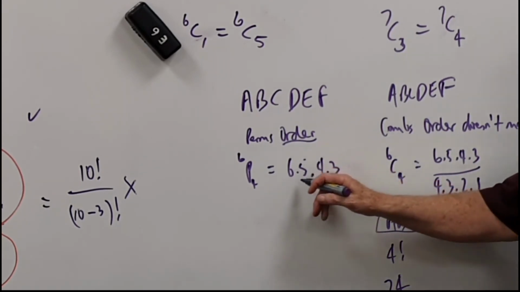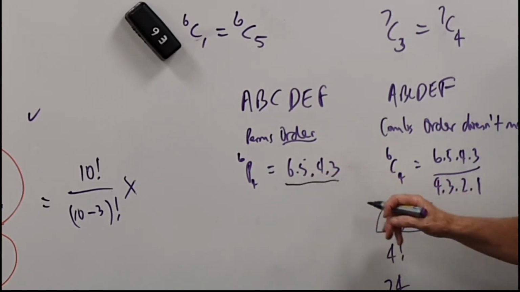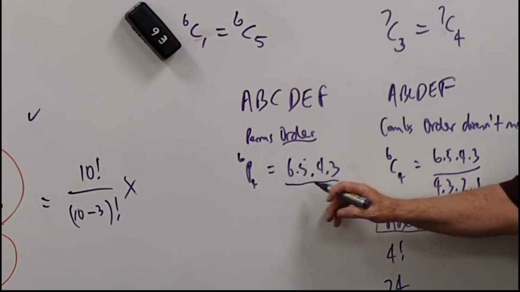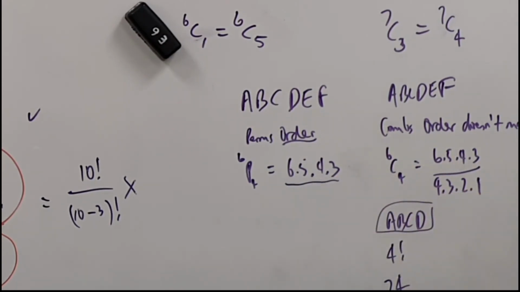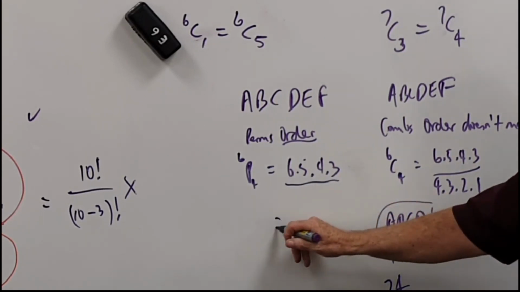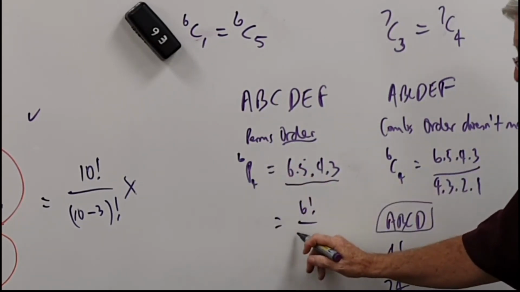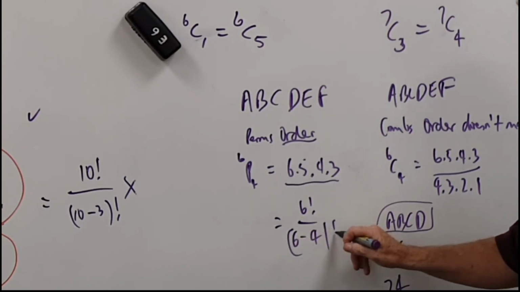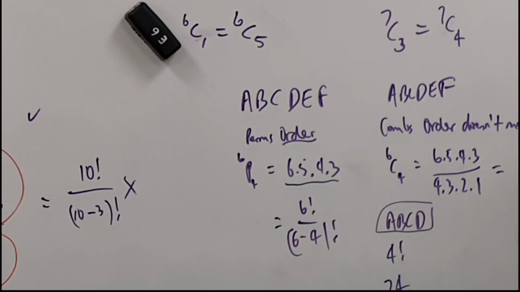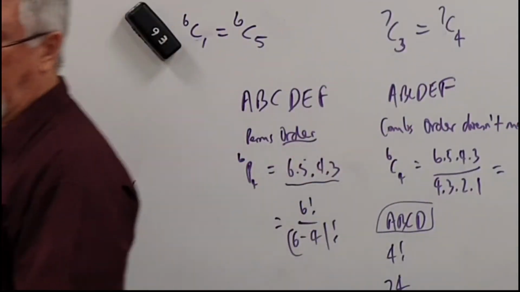So you get that answer, and for each group of 4 you've got to divide by 4 factorial. So then you can go back to the pattern of 6 factorial on 6 take 4 factorial, or you can go 6 factorial on 4 factorial and 6 take 4 factorial. Done? Okay, enough said.